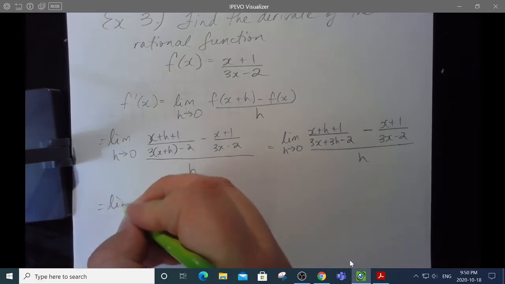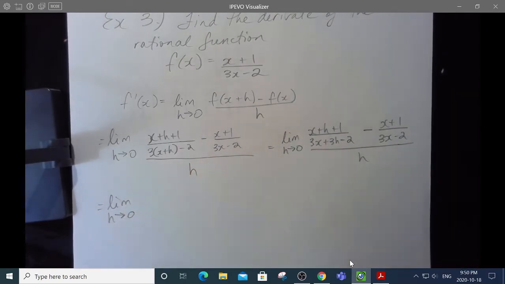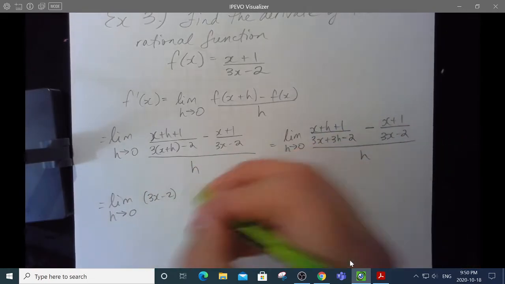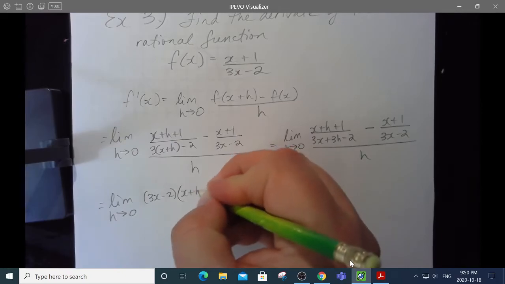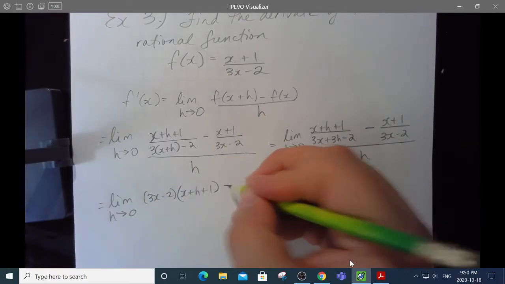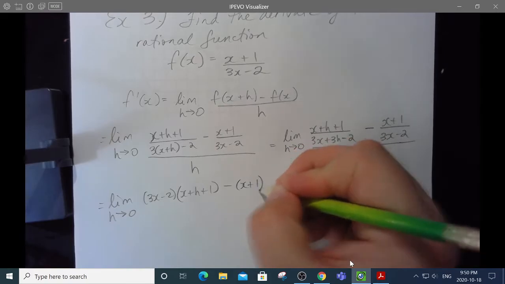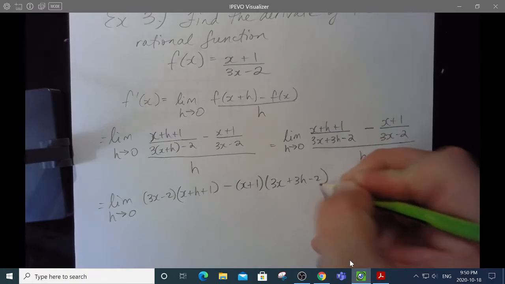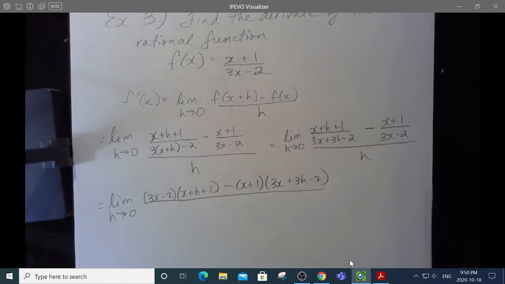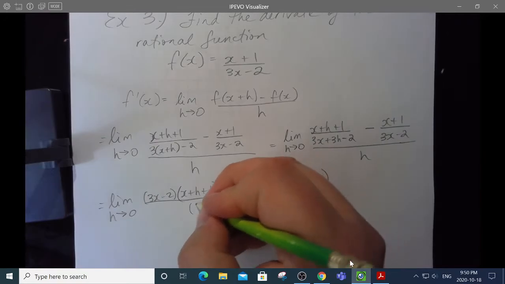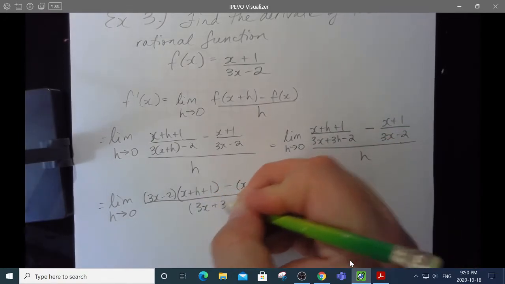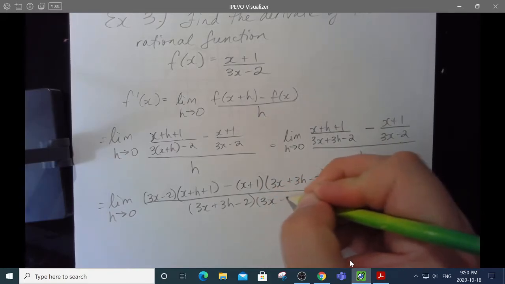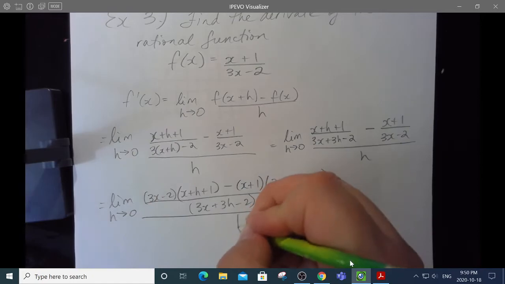So it's equal to the limit as h approaches 0 of 3x minus 2 times x plus h plus 1, minus x plus 1 times 3x plus 3h minus 2, all over 3x plus 3h minus 2 times 3x minus 2, all over h.